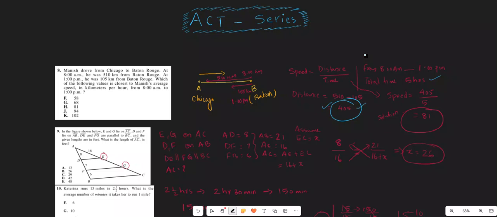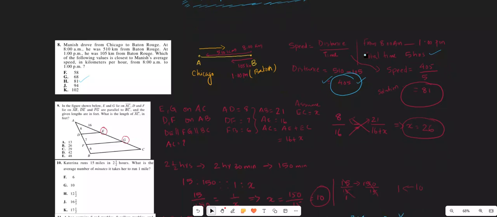To find the speed, you can use the equation speed is equal to distance over time. That is 405 over 5, that is 81. So 81 kilometers per hour. That is actually Manish's average speed in this problem. So you have the option H. That's the right answer. Moving on to the next problem.